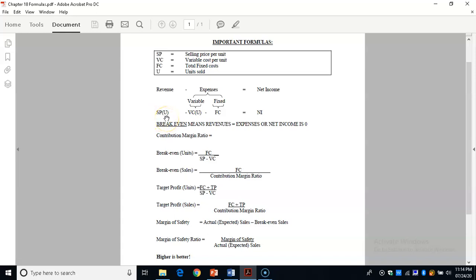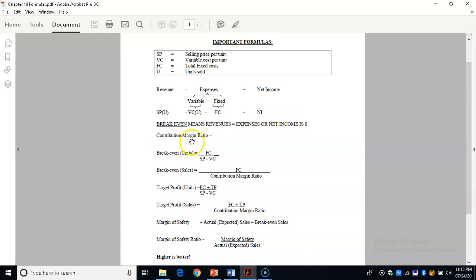That would be $50. How do you figure out your variable cost? You would need to know what it is per unit and multiply it by the number of units that you sell. Fixed cost is always the same. So if you take your revenue minus your variable minus your fixed cost, you get your net income.